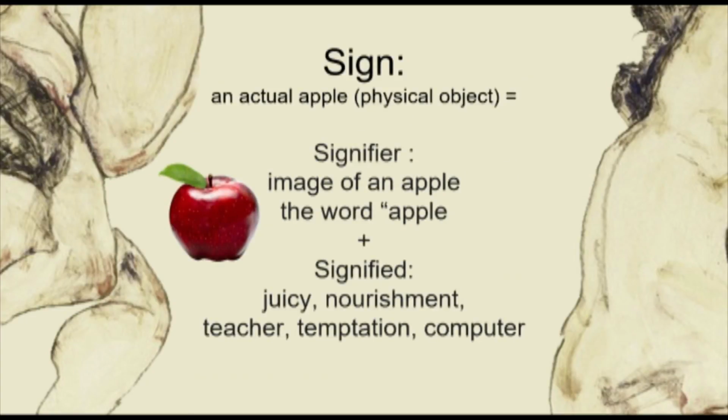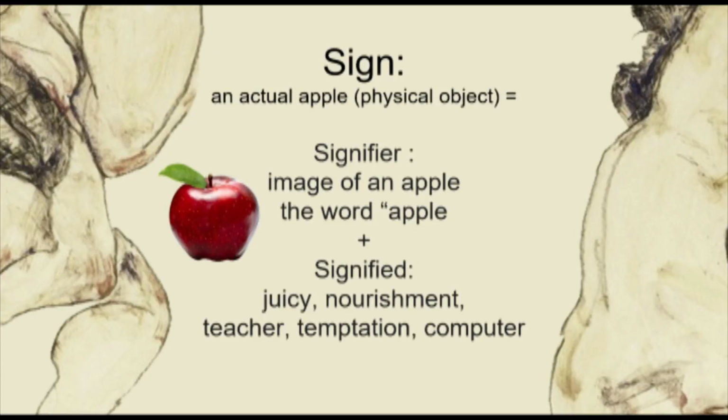So, let us start with a very simple example. Let's take an apple. Now, we take an actual apple and we represent it with the word apple or an image of an apple. When we hear that word or see that image, what comes to our mind? Well, if we like apples, we would think it's juicy, nourishing, delicious. If we don't like apples, we might think, that's not my flavor.